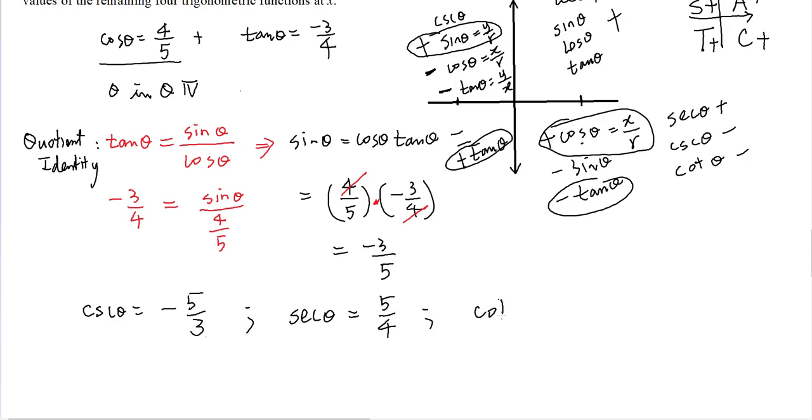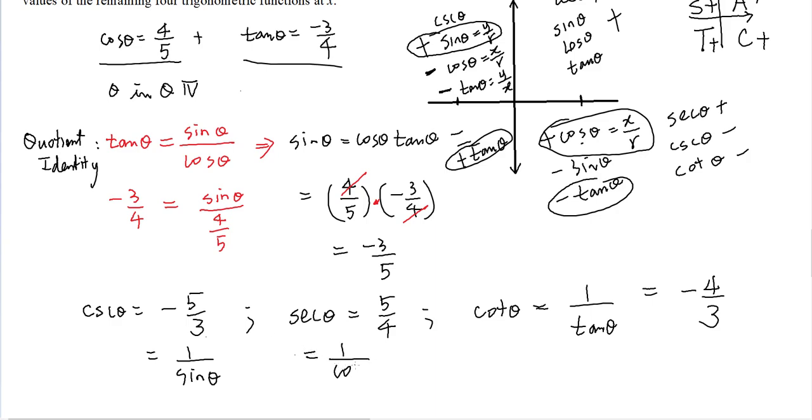And cotangent theta is 1 over tangent theta, so inverting the fraction of negative 3 over 4, negative 4 over 3. So now we found all other trig functions using identities. These are reciprocal identities, 1 over sine theta and 1 over cosine theta. So I used the reciprocal identity.